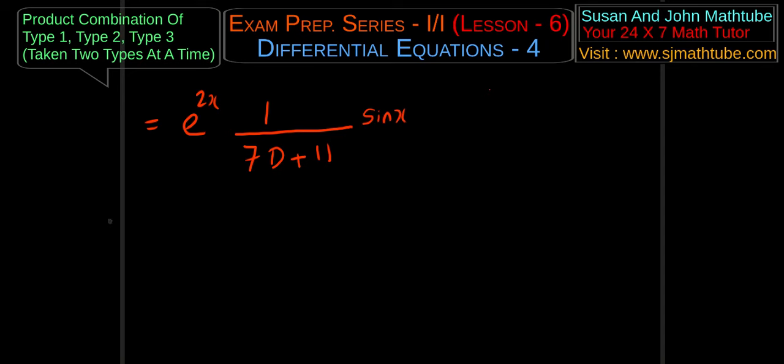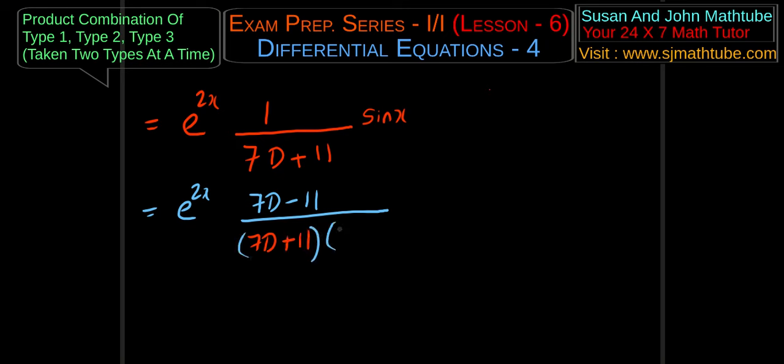And I hope you're really good in type 2. In type 2 what we do is we multiply by the conjugate. So 7d minus 11 by 7d plus 11, and we multiply this by 7d minus 11.